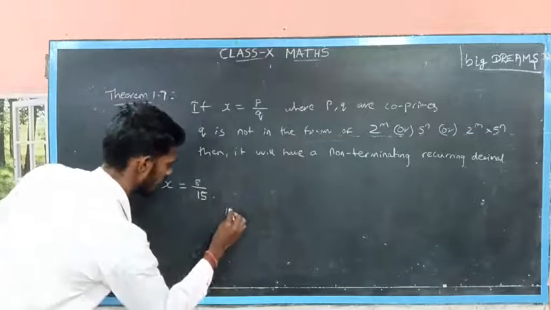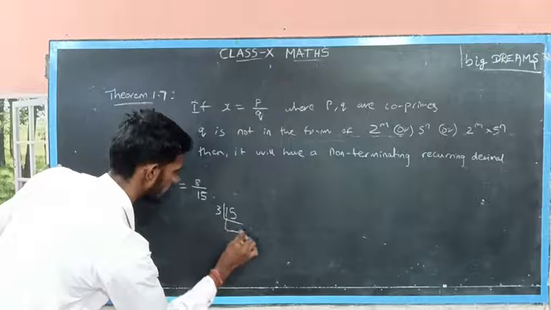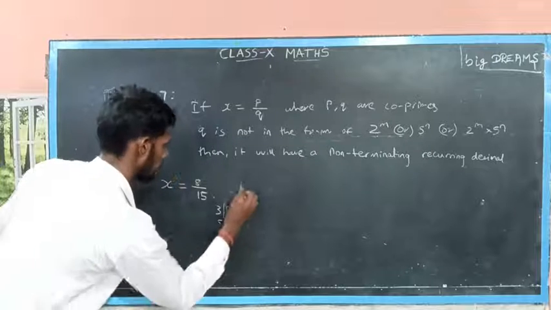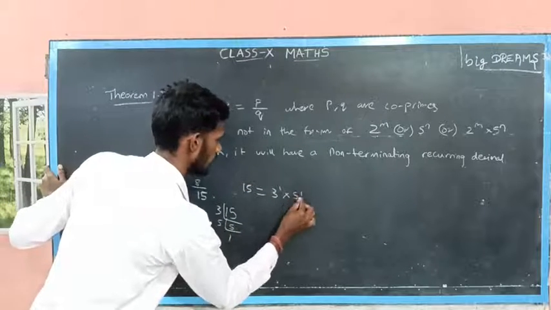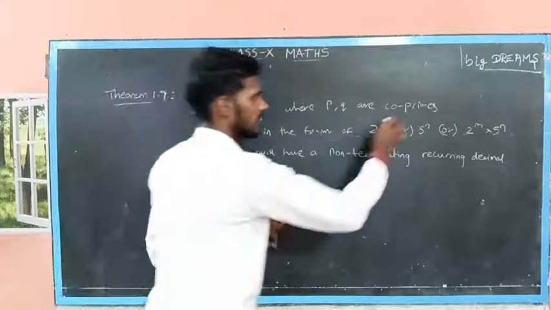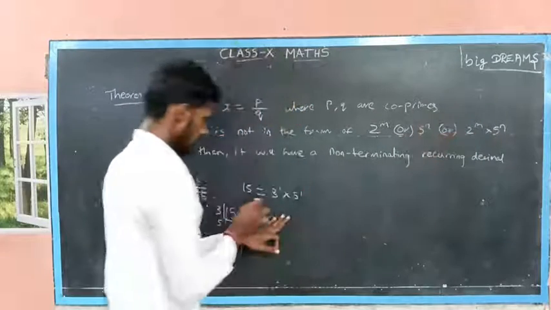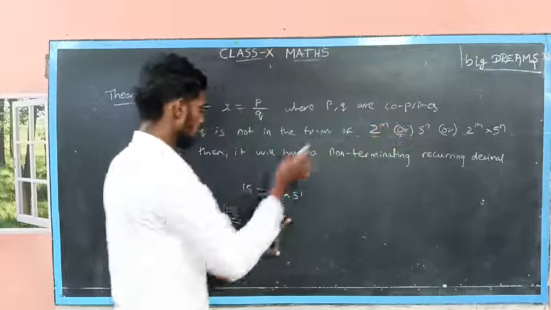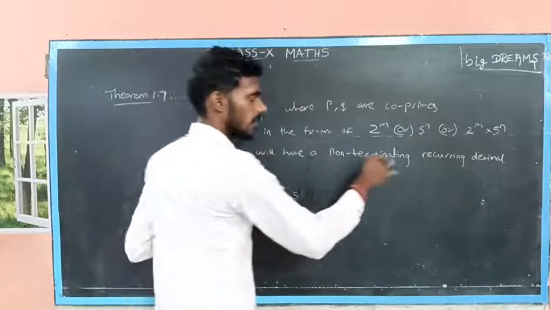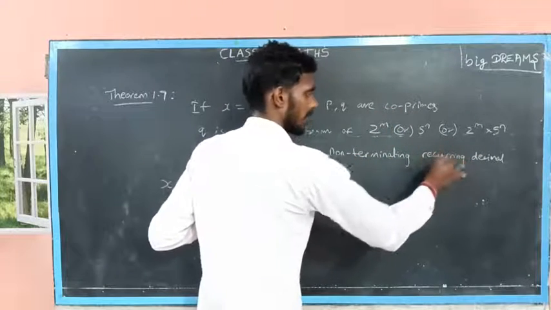Here, the prime factorization of 15 gives 3 power 1 into 5 power 1. So it is not in any of these forms. So the denominator value 15 is not in any of these forms. So definitely it will have a non-terminating recurring decimal.